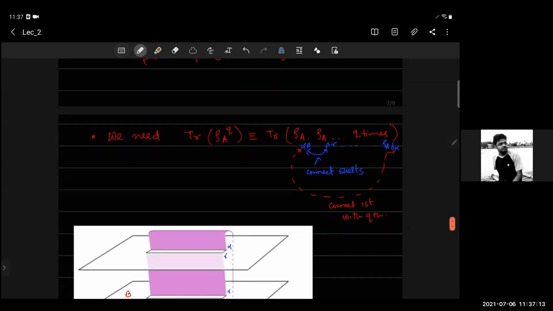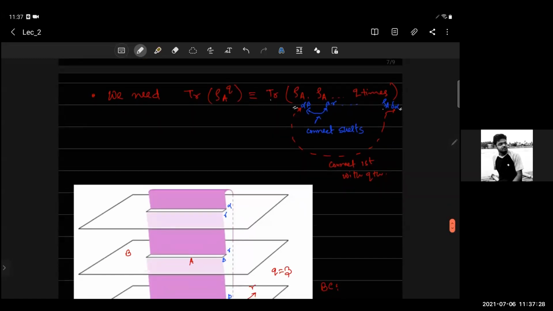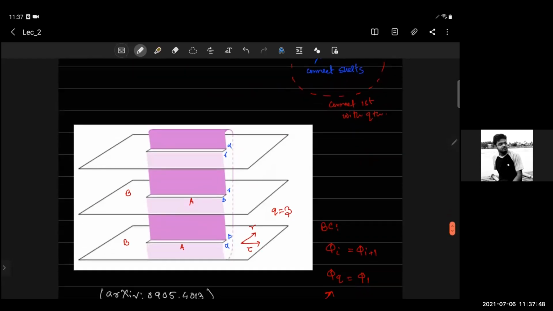And in the last density matrix, rho A has a delta alpha, and this alpha is the same as the first alpha because there is a big trace sitting outside. Geometrically, it implies that the rho A you construct in the first sheet, you connect with the second sheet because of the matrix multiplication, the second with the third, and finally the qth one you connect with the first one because there is a big trace sitting outside, which pictorially looks like this.